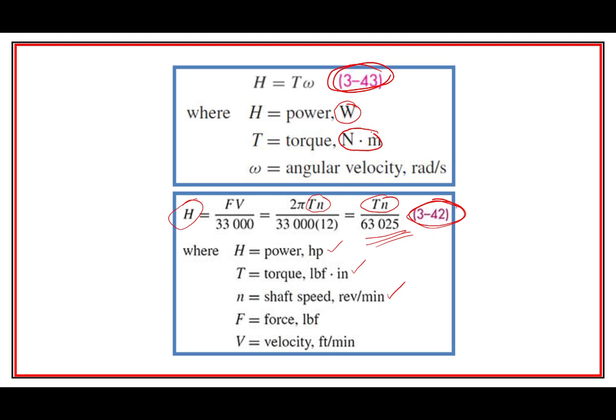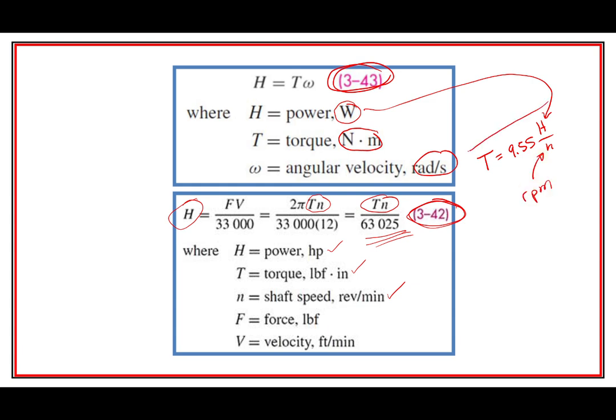There's actually another equation, so I'm not sure why I don't have it here. This is just using radians per second, but we also have an equation. I should really open up the book and write it down. It's in that same section. I don't know why they didn't write it the other way, but they wrote this: torque is equal to 9.55 H over N, and this H is in watts, not kilowatts, and this N is in RPM.